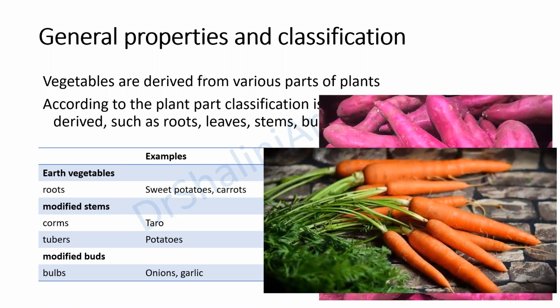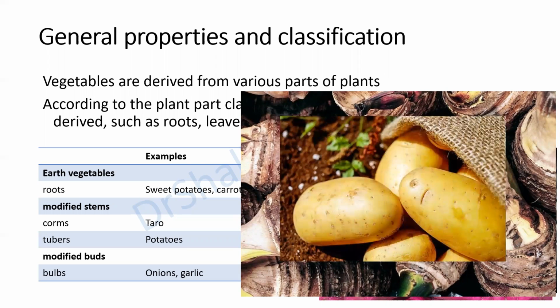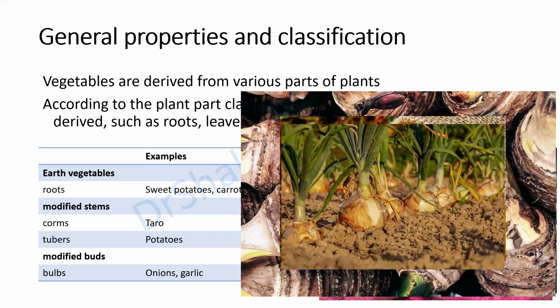Further, if you look, stems are also considered as a vegetable and consumed. The examples of these modified stems are corms, for example taro. Then we consume tubers, for example potatoes, and the modified buds include bulbs. Examples are onion and garlic.